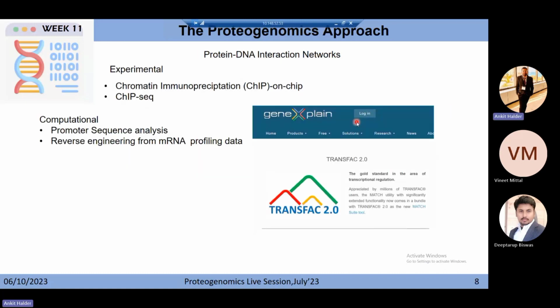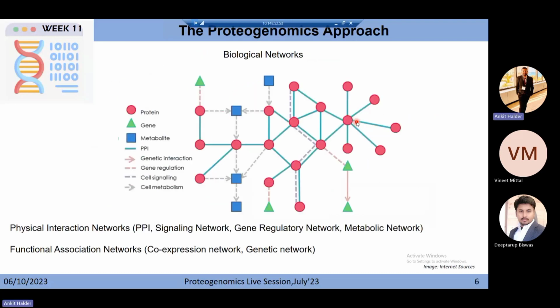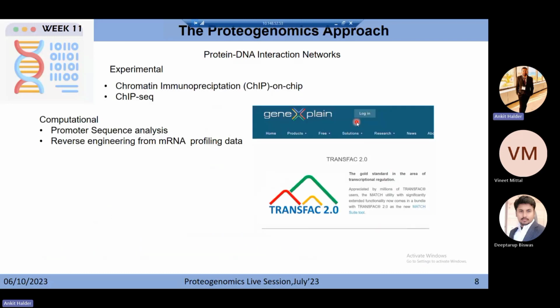Now another thing is the protein-DNA interaction network. In the physical interaction network itself, we have PPI, signaling and gene regulatory networks. So there are interactions between protein and DNA, which we don't need to re-emphasize.